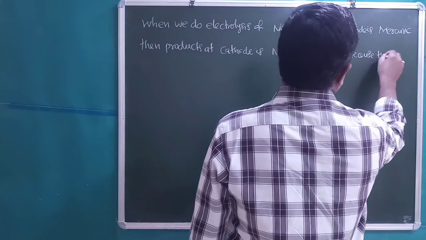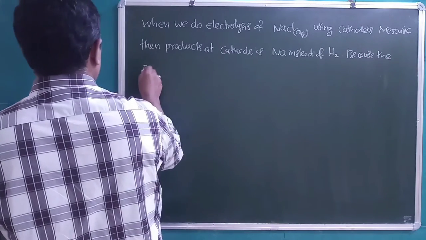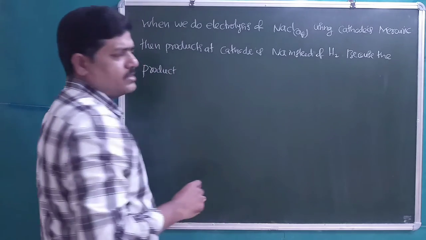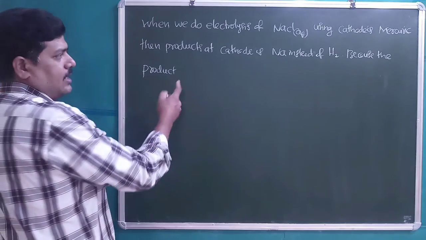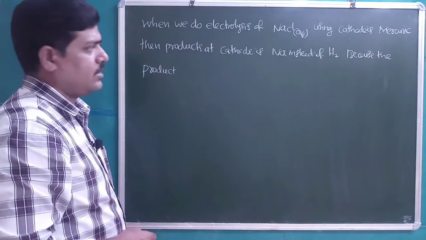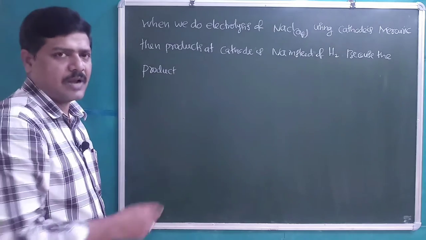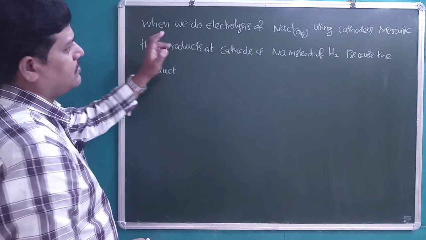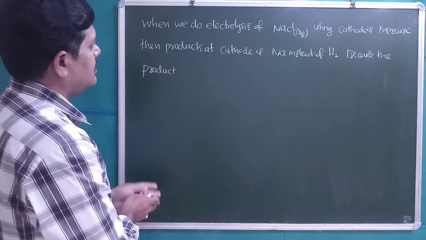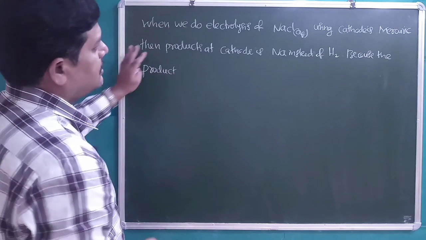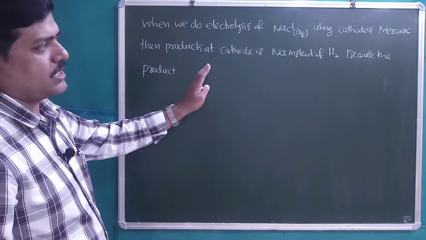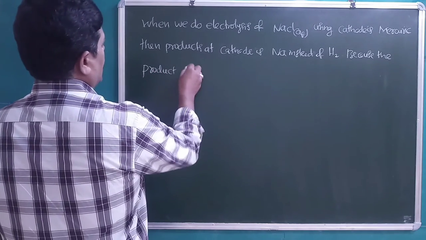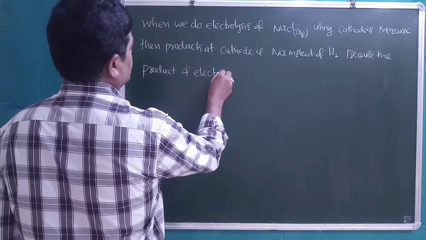In the earlier case of electrolysis of aqueous NaCl, inert platinum electrodes were used. Instead of platinum electrodes, if you use a mercury cathode, then the product at the cathode is Na, sodium, instead of hydrogen, right?